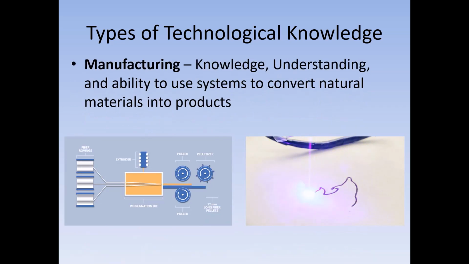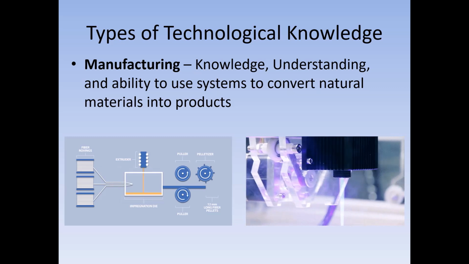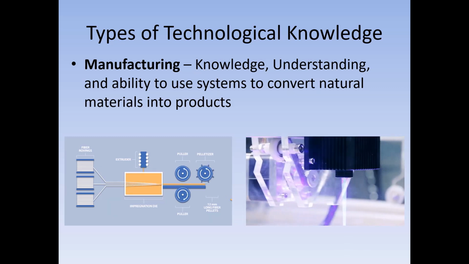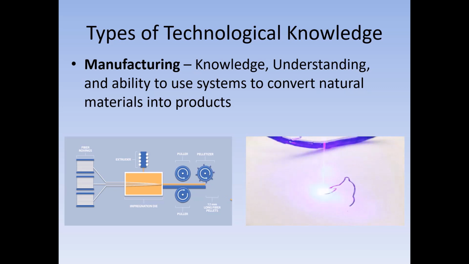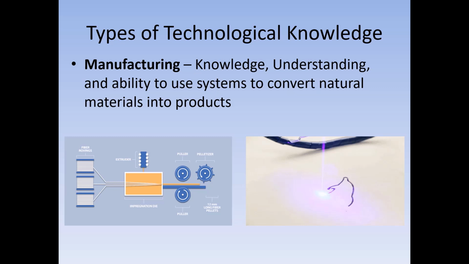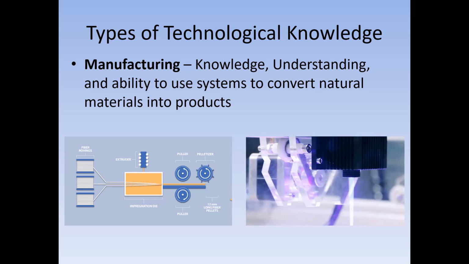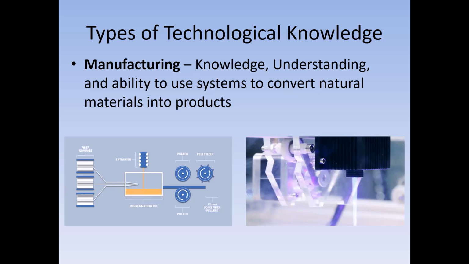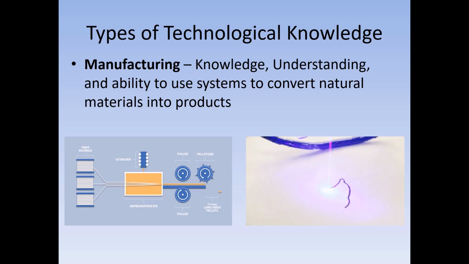And then there's manufacturing. Manufacturing is knowledge, understanding, and ability to use systems to convert natural resources into products. So how do we convert a tree into a pencil? How do we convert a tree into paper? How do we convert something into ink, or fluids into ink?